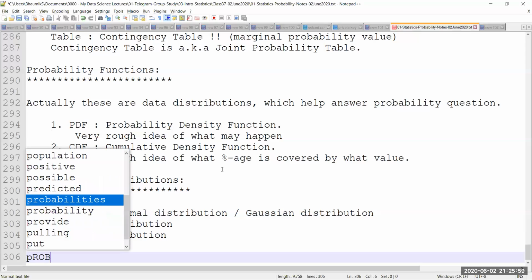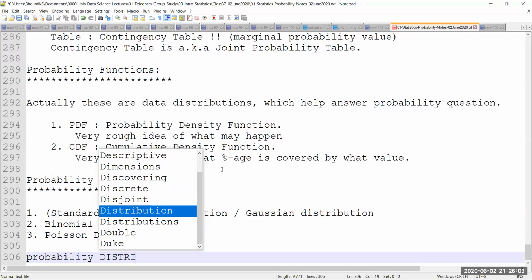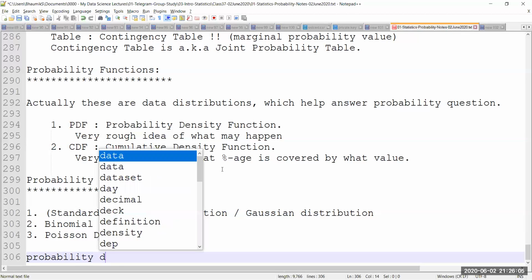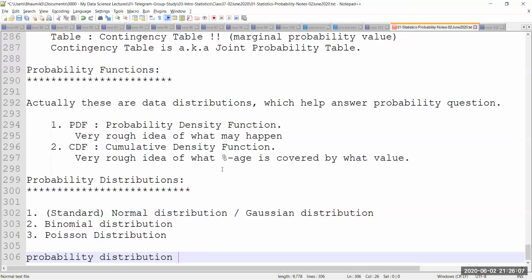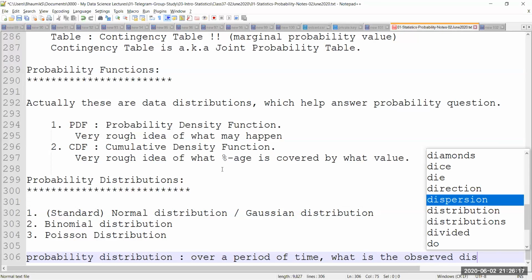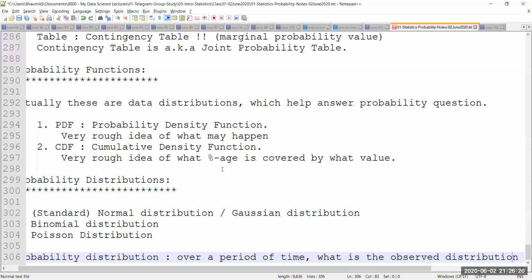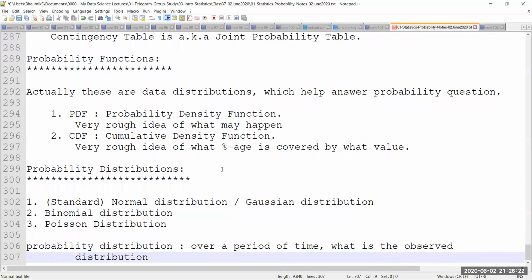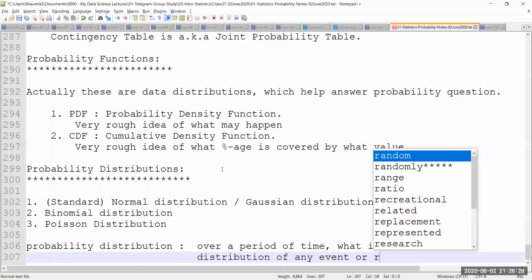Okay, so I can try to define probability distribution. Distribution over a period of time. What is the observed distribution of any event or a random variable?